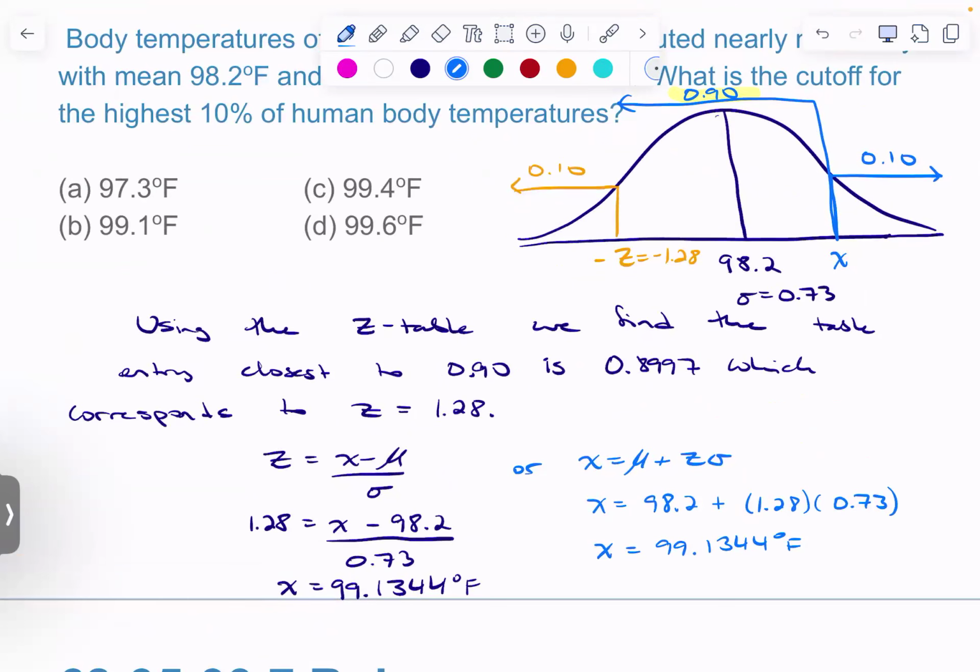Or I guess we had options. 99.1, I guess.